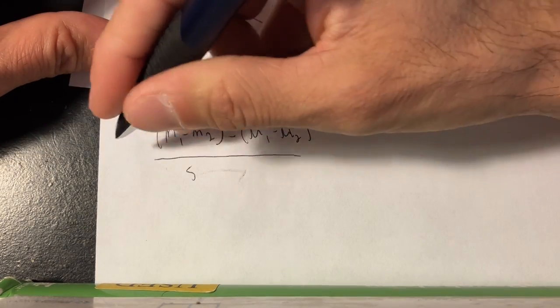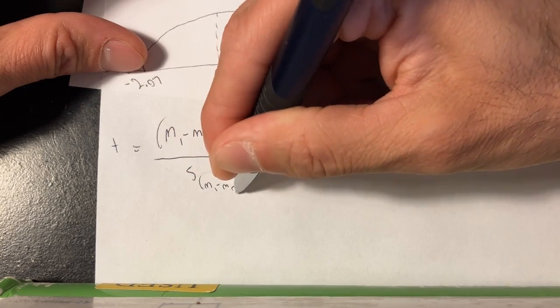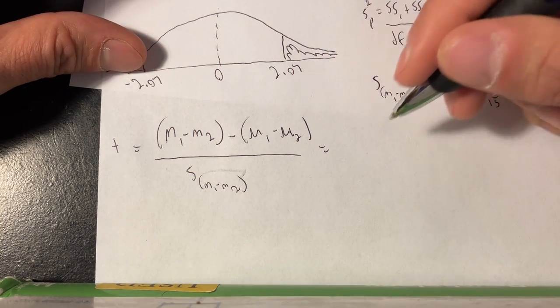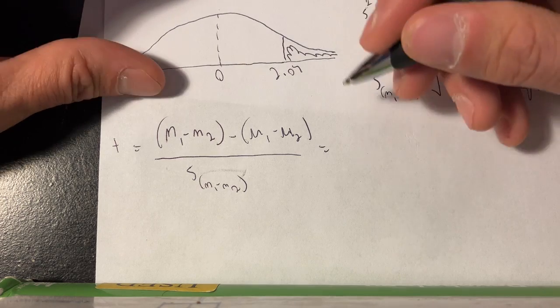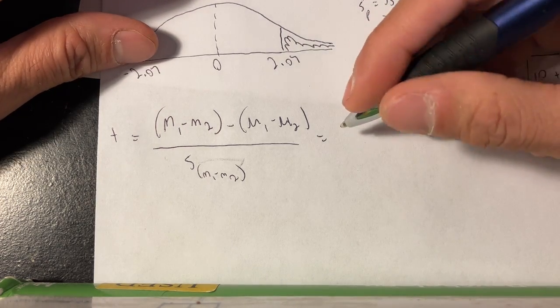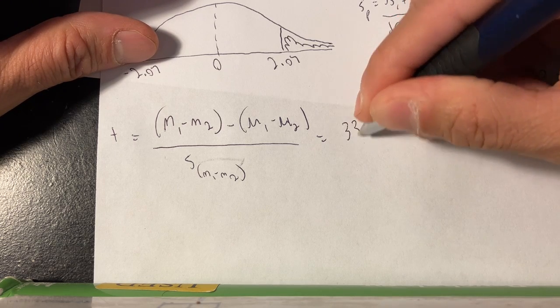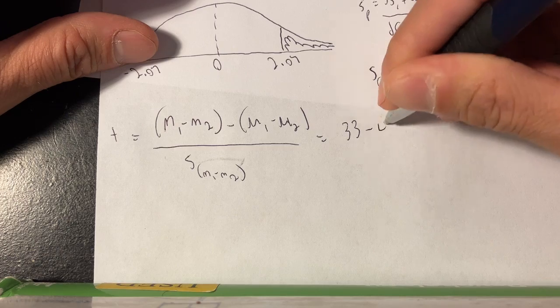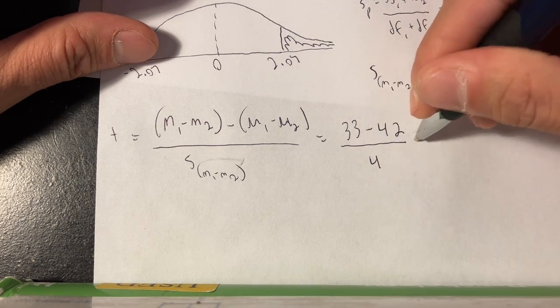And this is over the standard error of the difference of means, which we just found. So notice that this component is 0, so we're not even going to bother with it. We're just going to take the means and find their difference. So we're going to do 33 minus 42, and then set that over 4.